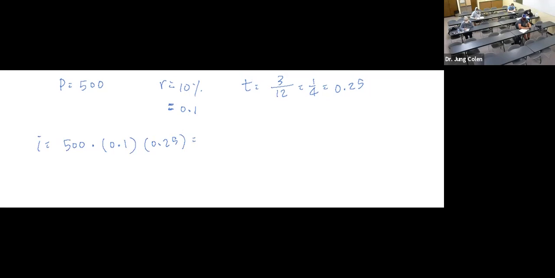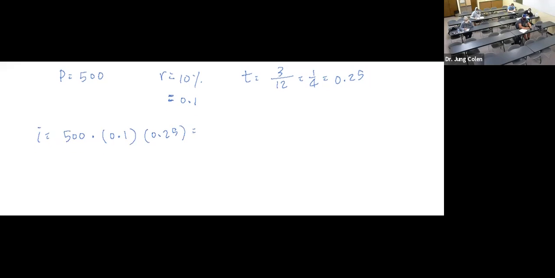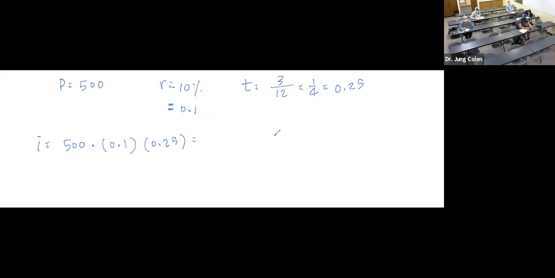Can anybody calculate that? 500 times 0.1 times 0.25. Can you say that again? I got 12.5. Can anybody check this answer? Yeah. Okay, so the interest is 12.5.